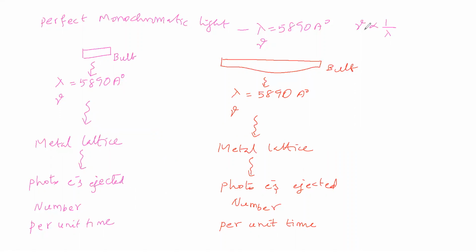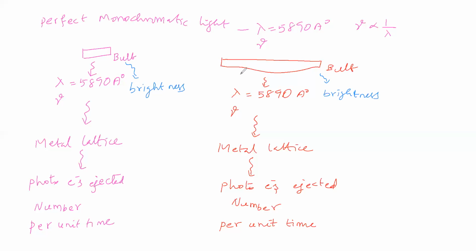Next we will see that here this bulb is glowing. How will the brightness be? And this bulb is glowing here. How will the brightness be? It is a small bulb. It is glowing, so we are getting brightness.